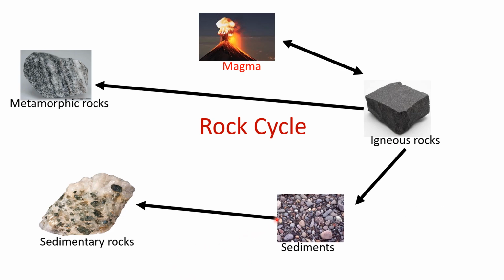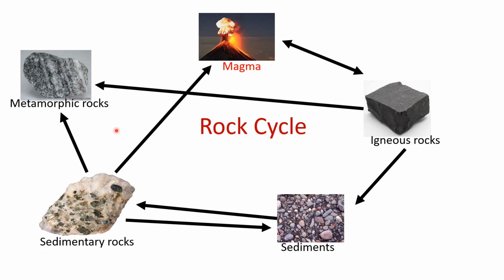These sediments are converted into sedimentary rocks, and sometimes sedimentary rocks are again broken down and converted into sediments, and sedimentary rocks also converted into metamorphic rocks. So you can see sedimentary rocks and igneous rocks are sometimes directly converted into metamorphic rocks.